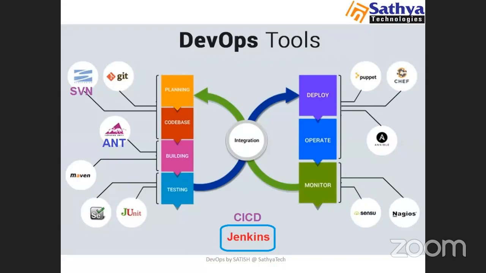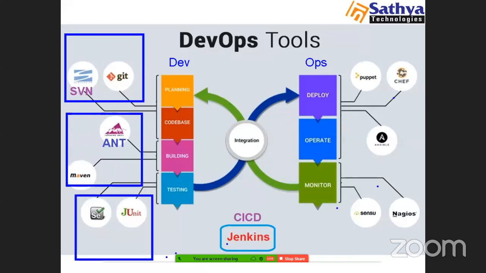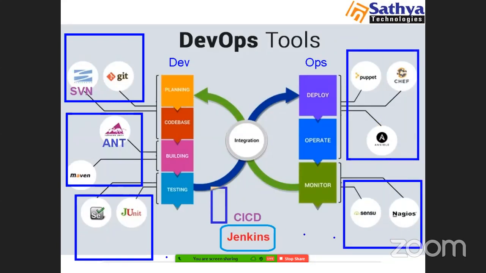And next, you'll get Sensu and Nagios, the tools for monitoring purposes. So you get a set of tools for development and a set of tools for operations: SVN, Git, Maven, Selenium, JUnit, Puppet, Chef, Ansible, Sensu, Nagios, and Jenkins.